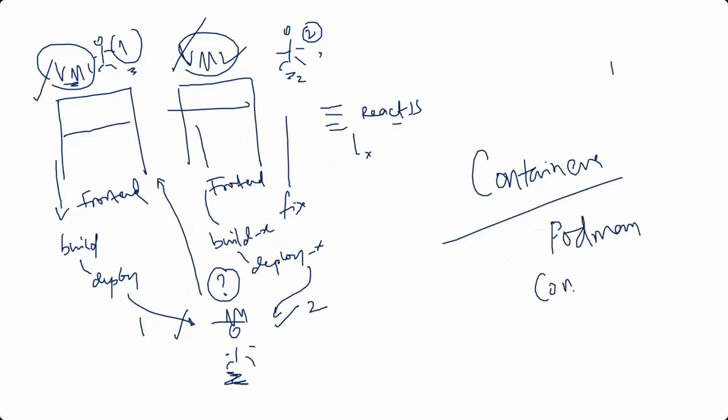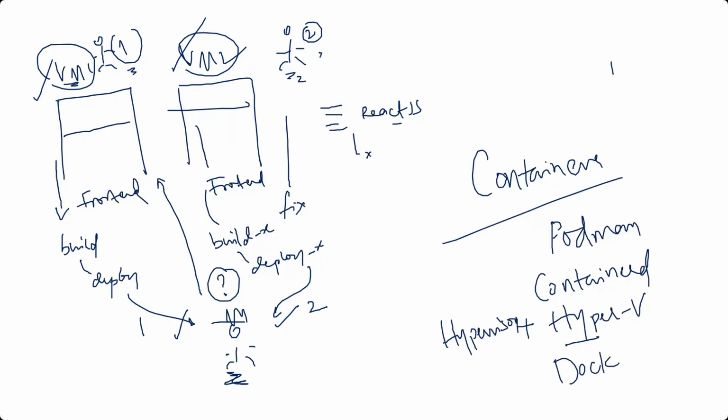A container tool I used in the past was containerd, which is not that cool. Hyper-V is also one container, which is nothing but an add-on to the Hyper-V virtualization software. And you might have heard of the famous one, which is called Docker.